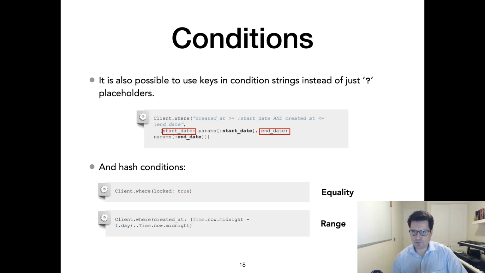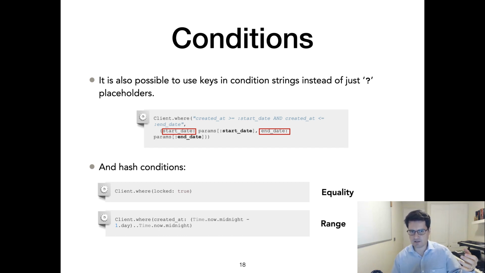Well, you can even use sort of keys as it appears here. You got client where, and you got the query, you got the condition. So created at greater or equal than some start date, and created at less or equal than some end date, both with a kind of symbol notation, if you will.